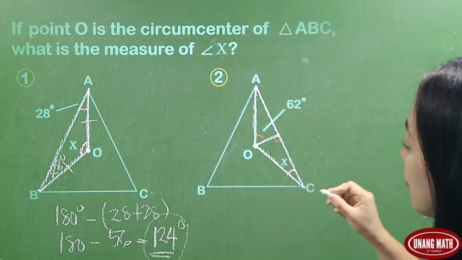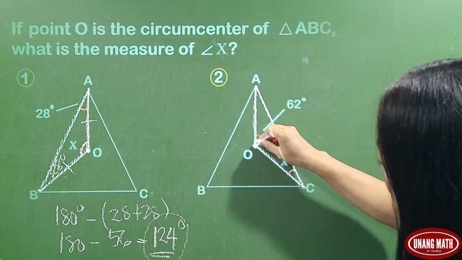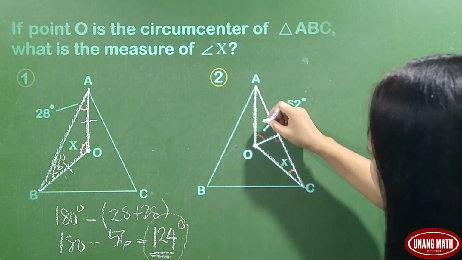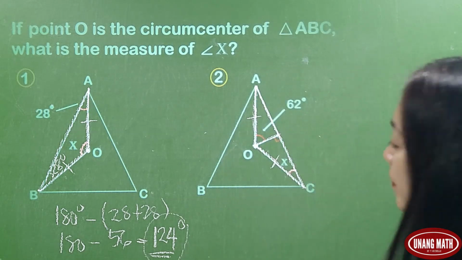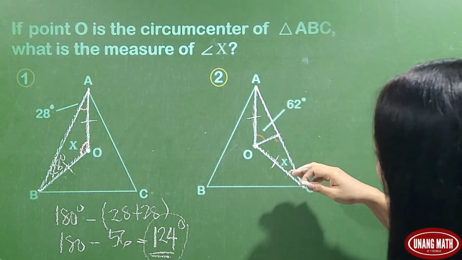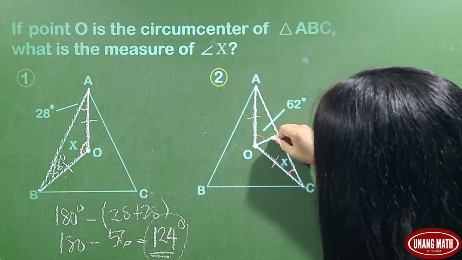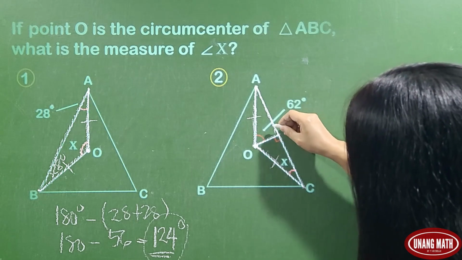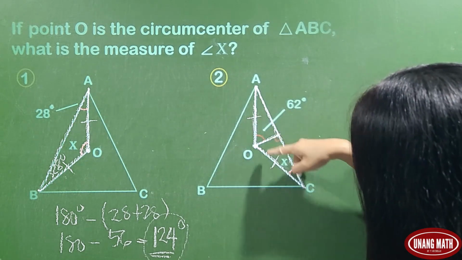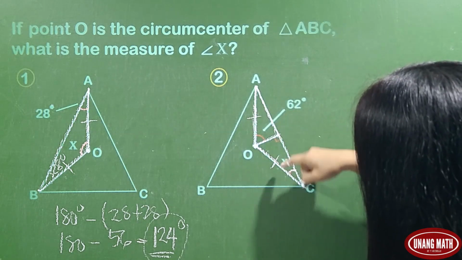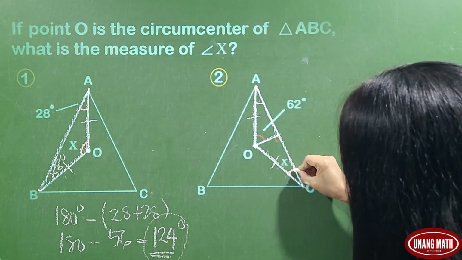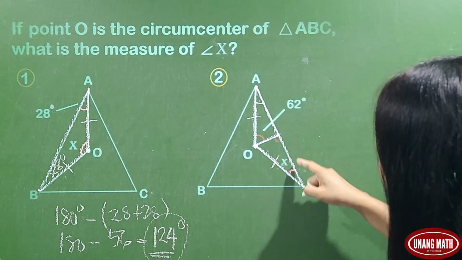This is also the radius of the circle because it's from the circumcenter to the vertices of the triangle. So these are equal in length. In this triangle, if these two sides are equal, then this angle measure is also equal to this angle X.